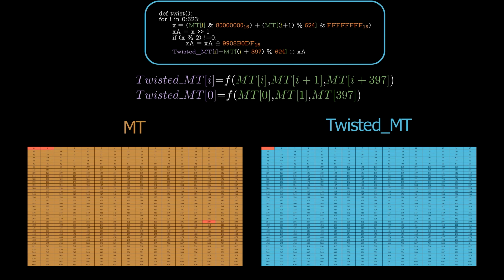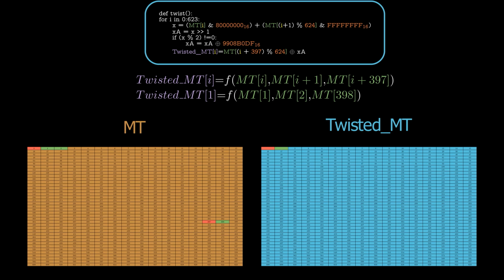When I equals 1, twisted empty of 1 refers to the second cell in the blue twisted empty grid, and it is also derived from 3 values in the yellow empty grid. To see which 3 values those are, we have to evaluate 3 index expressions. The first one is just I, and with I being 1, it evaluates to 1. The second expression to evaluate is I plus 1 mod 624.